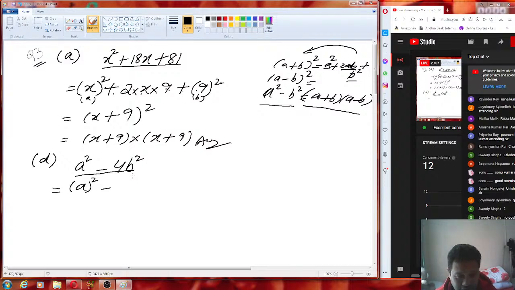Don't think that 4b is your b, no. You have to understand that your 4 has to be converted into the form of a square, in which you know that 4 is the square of 2. So we can write 4b square as (2b) whole thing square. Your 4b square can be written as (2b) whole square.